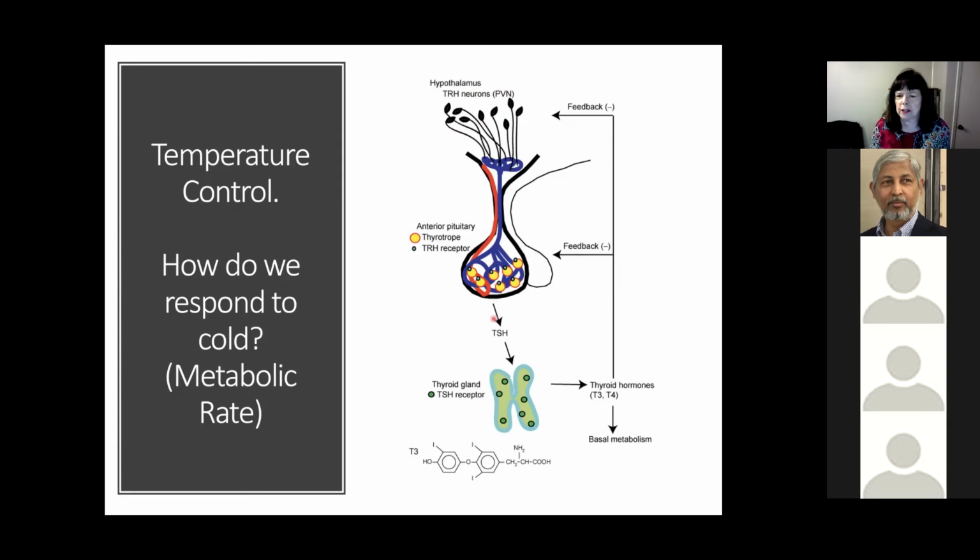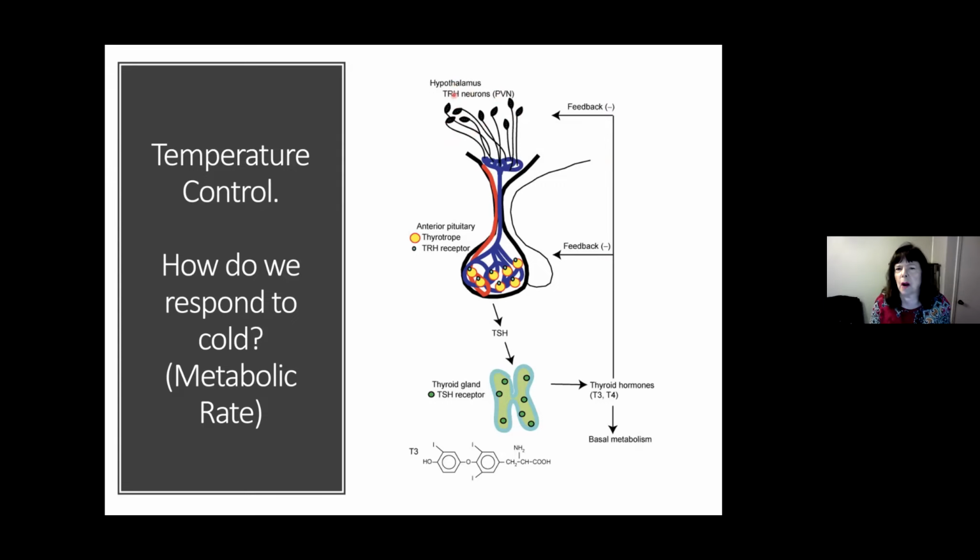So that's the circuitry. And just reminding you, if I ask you to describe the circuitry, this is basically what you do in words in an exam question. You would tell me where the TRH neurons are, what they produce, where they secrete it, and then how it's taken to the pituitary, what cell types receive it, and then what those cell types secrete, and then what they do in the periphery.